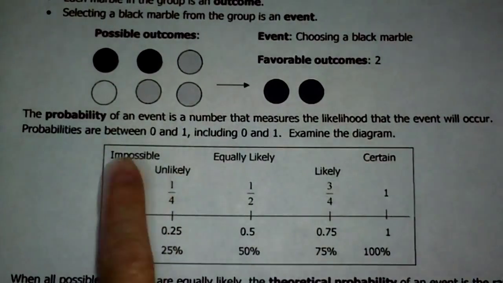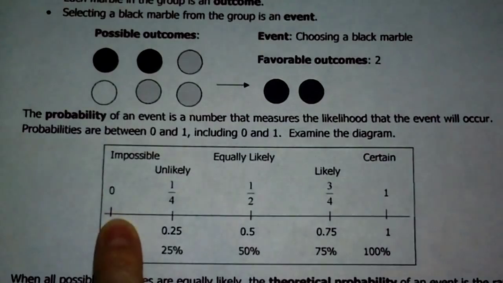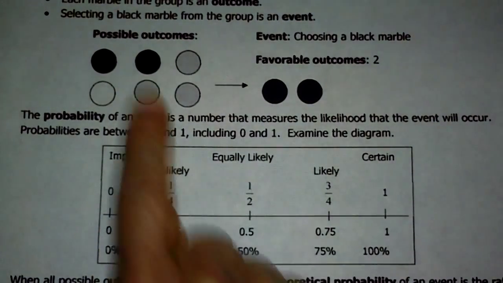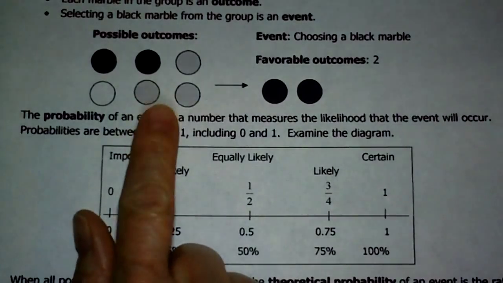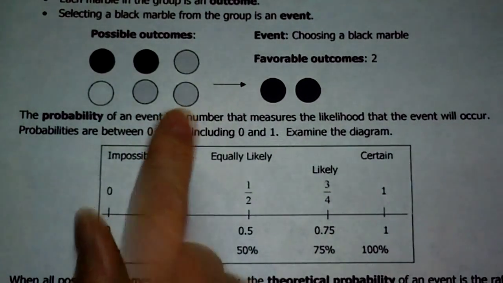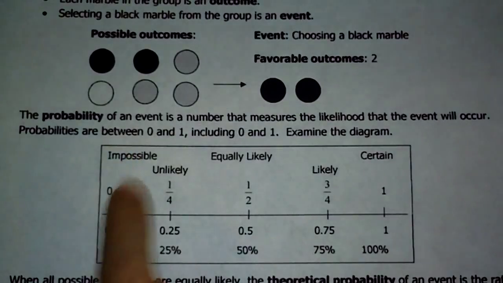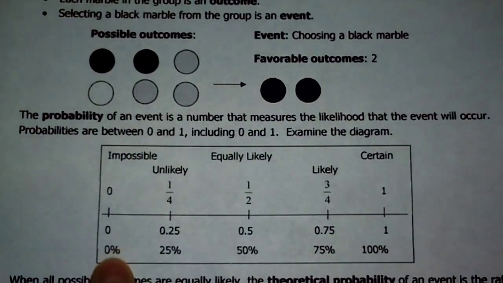So for example, we have impossible, that's this 0. Let's say I asked, what are the chances of you picking a purple marble? 0 out of 6, right? Because there aren't any purples. So the likelihood of that would be 0, or as a decimal, 0, or as a percent, 0%.